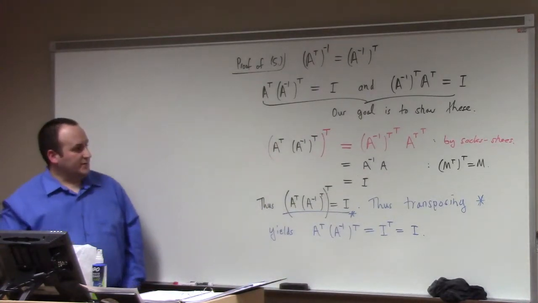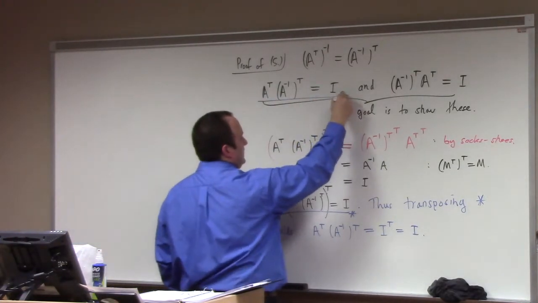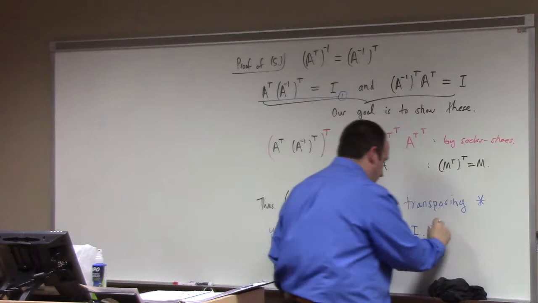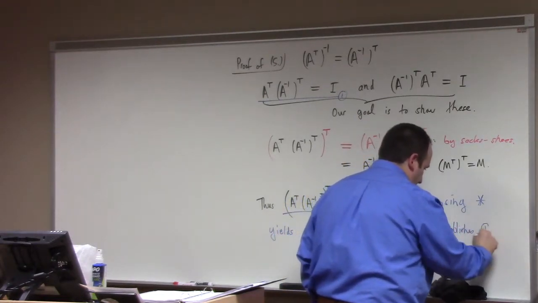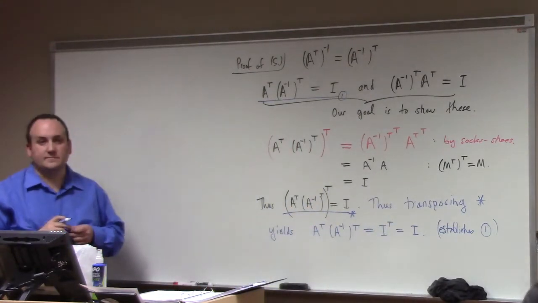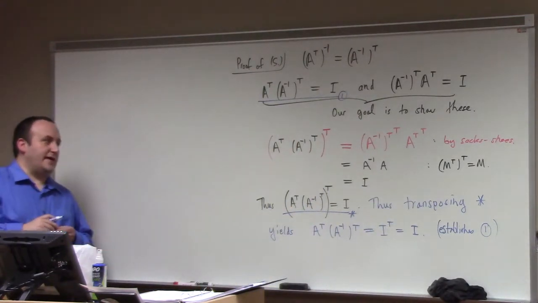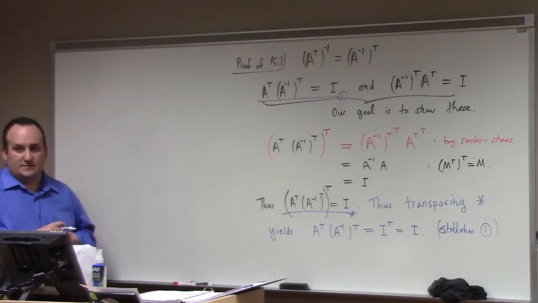At this point we have shown, so we've established one. And the proof of 2 is similar. You just start with A inverse transpose times A transpose, transpose it, use the fact that it's the inverse, transpose back to get the other.